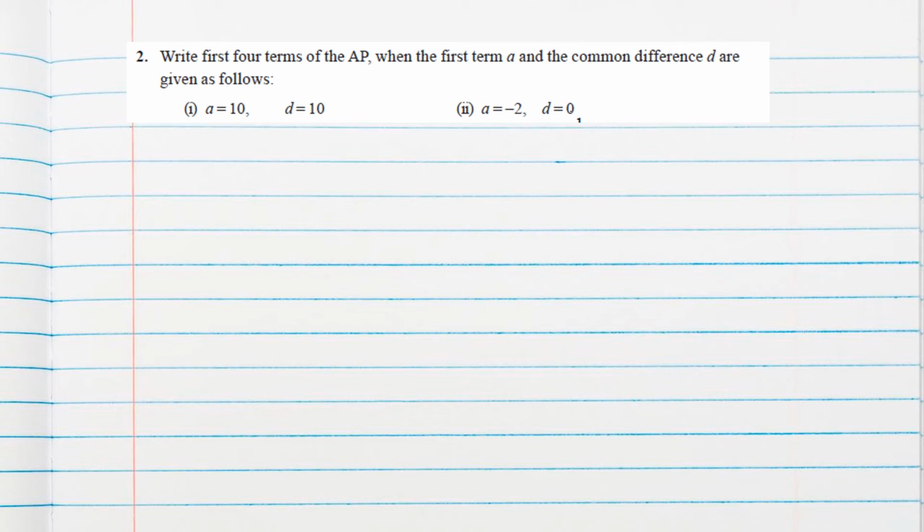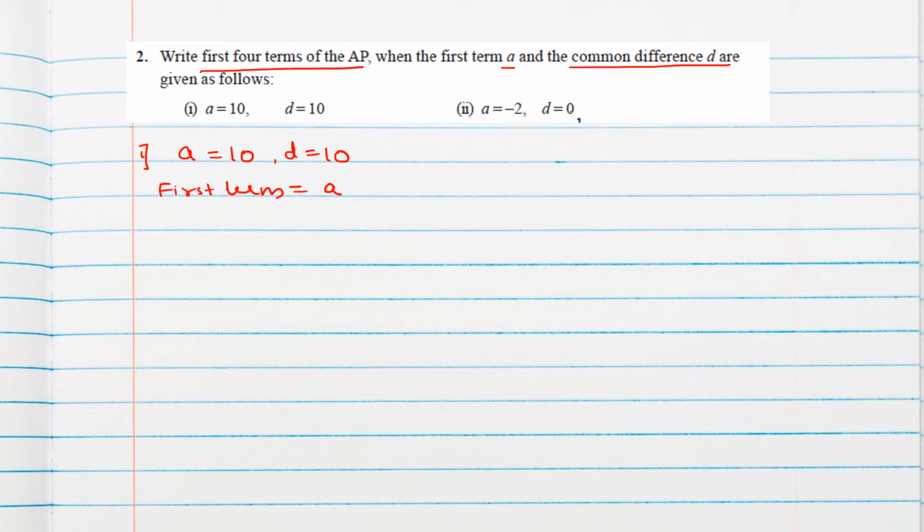Question 2. Write the first four terms of the AP when the first term A and the common difference D are given as follows. For the first question, A is 10, D is 10. The first term is A only.